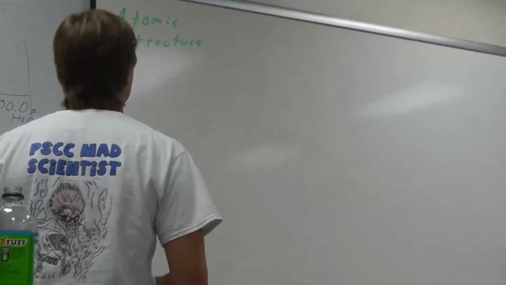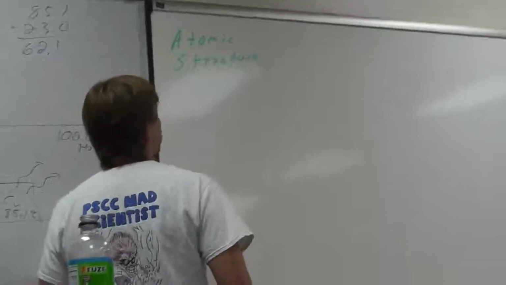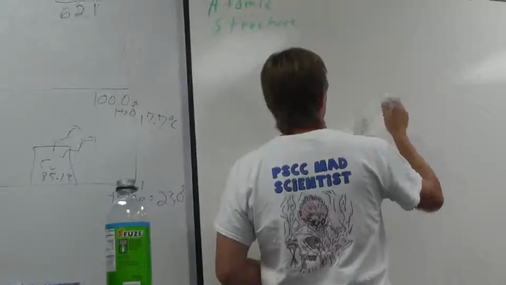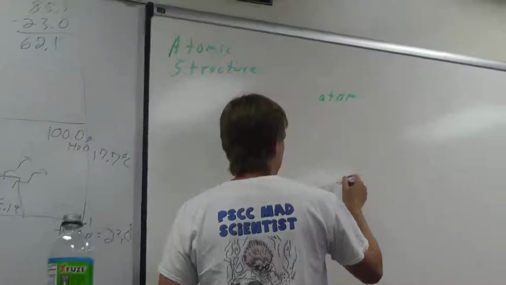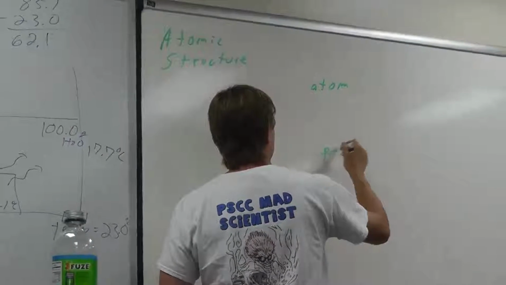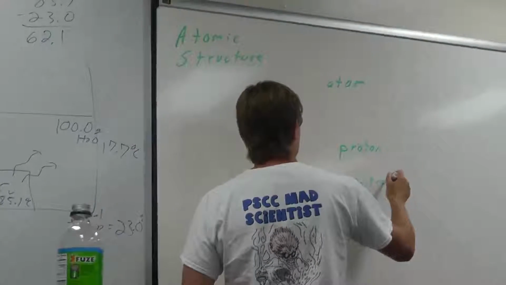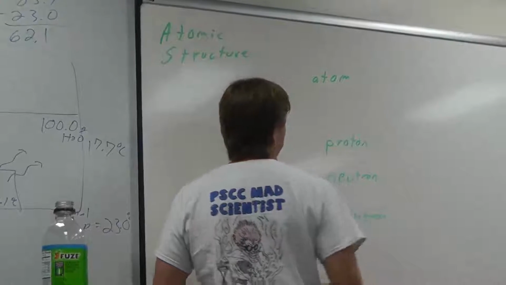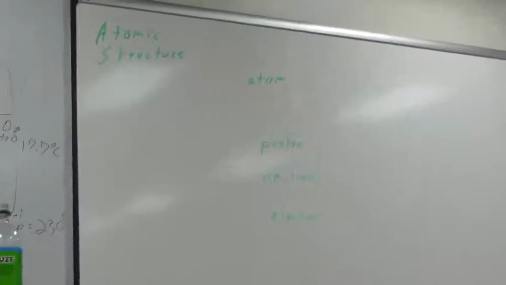And ultimately, that's going to lead to calculations involving moles. But first of all, as far as atomic structure goes, theory says that the structure of an atom is three smaller particles, protons, neutrons, and electrons. That every atom is composed of various combinations of these three particles.